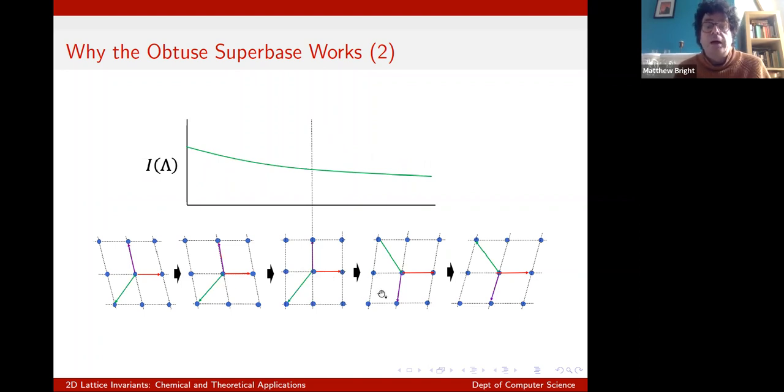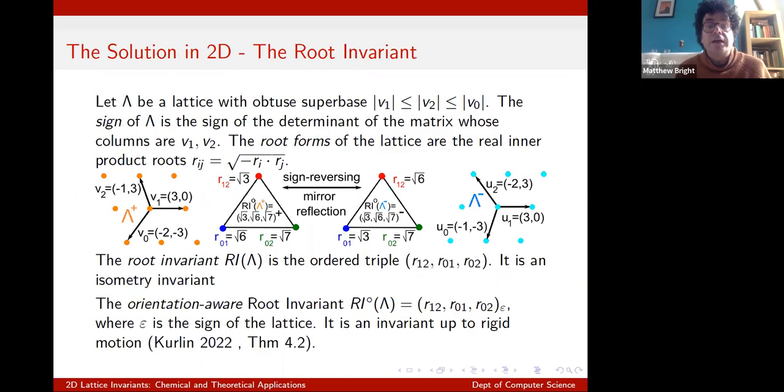Obviously there is a reflection involved between these two lattices either side of the higher symmetric lattice, but nonetheless the obtuse superbase remains isometric. You've got all the same parameters; they've just been reflected. So your notional isometry invariant changes continuously. Hopefully that's an intuitive diagram more than anything else.